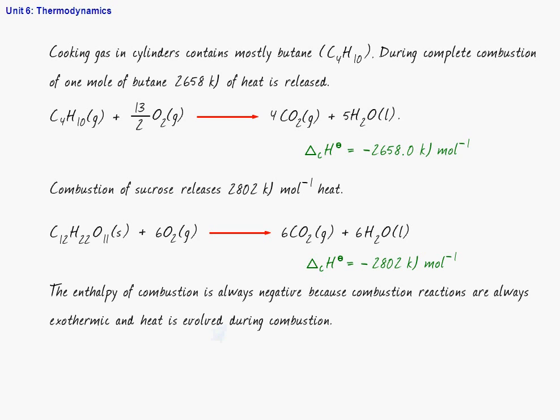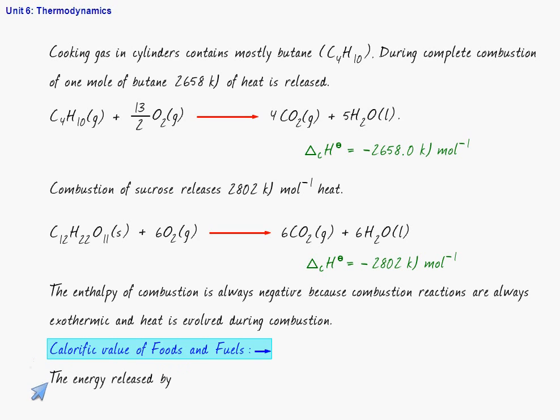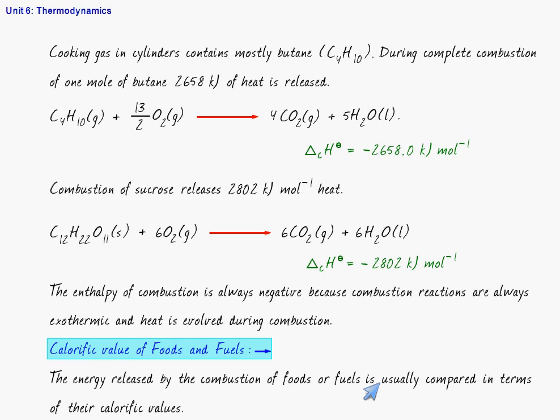Now let us discuss calorific value of foods and fuels. This is another topic. The energy released by the combustion of foods or fuels is usually compared in terms of their calorific value. Now what is this calorific value?